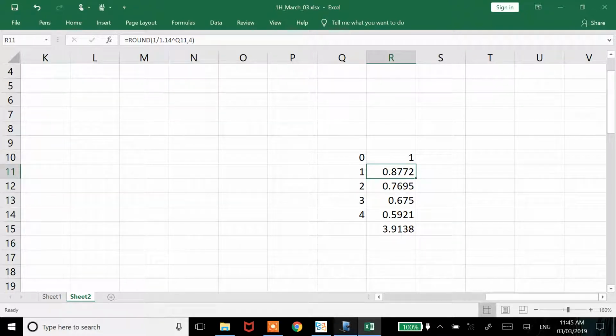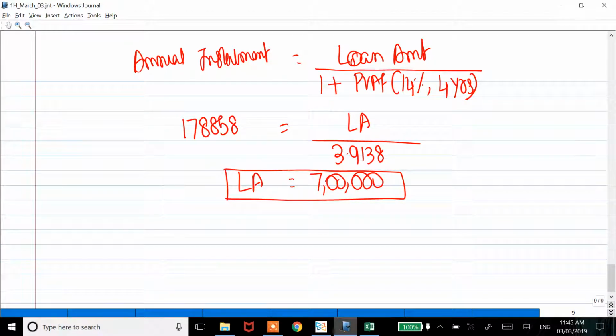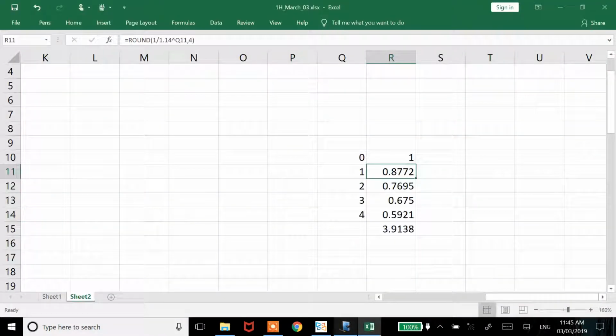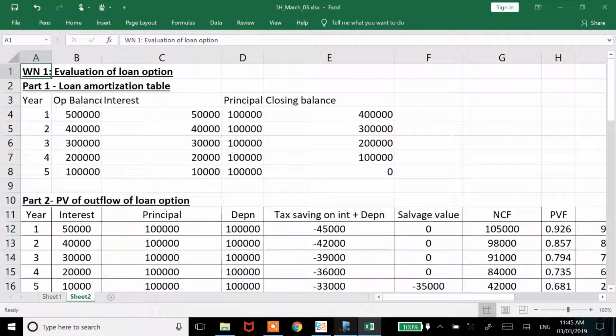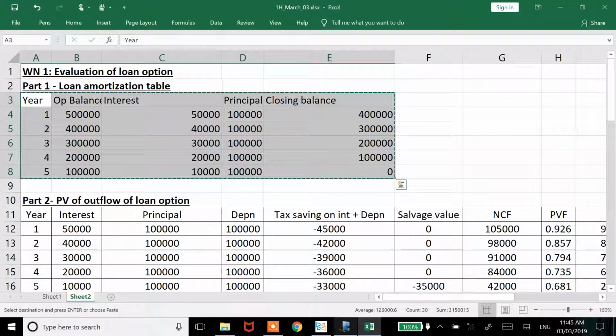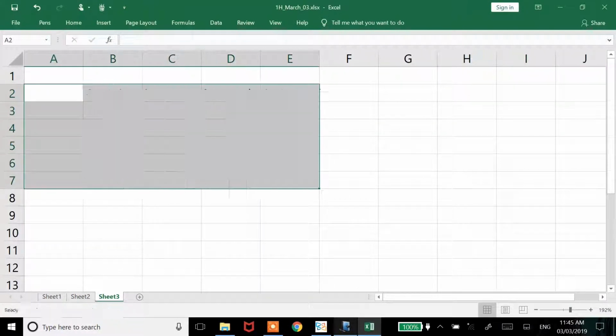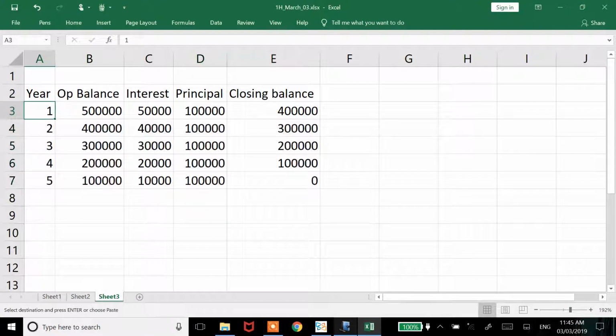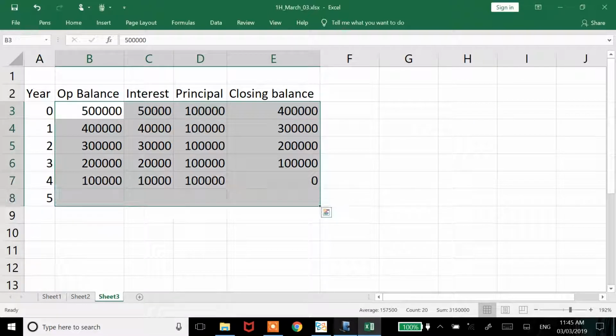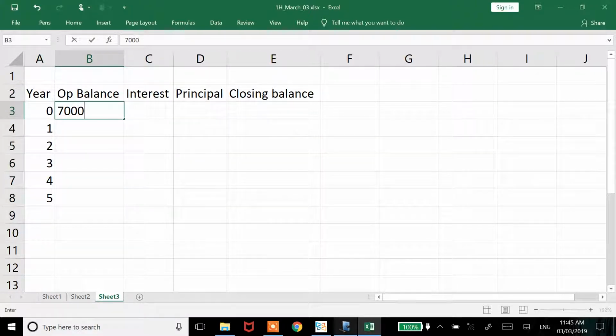Any doubts on this? 7 lakhs is the cost of the asset. Can you proceed? Okay, now this is not required, it's for a better understanding, because anyway I am going to use a shortcut method. So listen, if I am going to repay at the beginning, it will start with year 0 itself. We take a loan of 7 lakh, no interest in year 0.